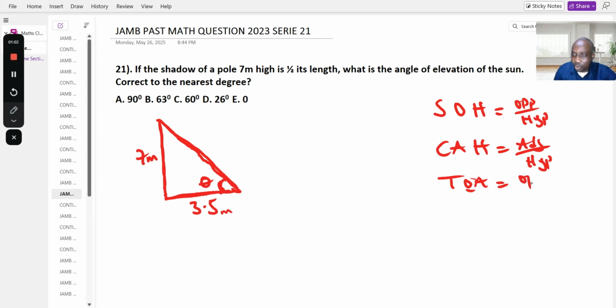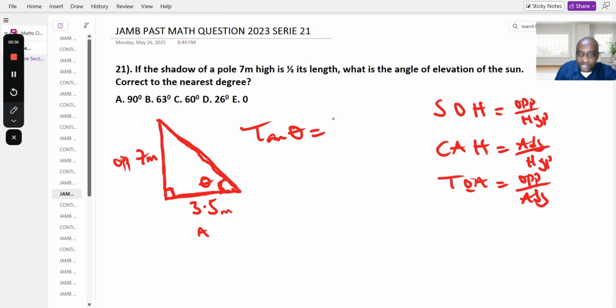TOA: O stands for opposite, and A stands for adjacent. If you look at the question here, this is the right angle, which is 90. This side, 3.5, is called adjacent, while this side is called opposite. Therefore O and A, it is tan. Therefore we are going to use tan.